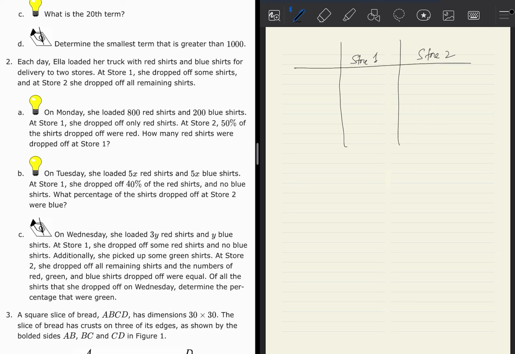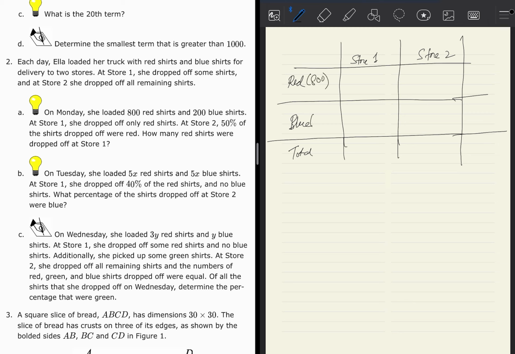And here we can write the red shirts and the blue shirts, and maybe at the bottom we can write total. So in total there were 800 red shirts and 200 blue.